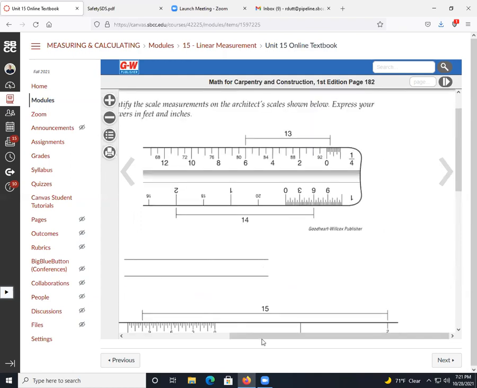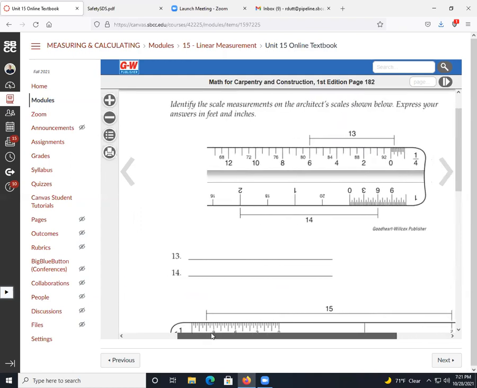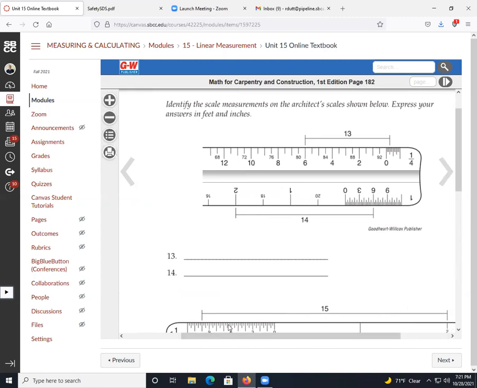I'm reading these tapes now. Let's look at this architectural scale rule here. Identify the scale measurement on the architect scales below. Express your answer in feet and inches. So number 13, John Tapia, what does that represent in feet and inches on that quarter-inch scale? It is 6 feet and 2 inches, or I think it's right dead on the 3.